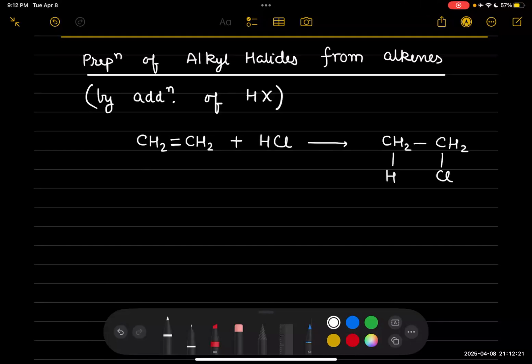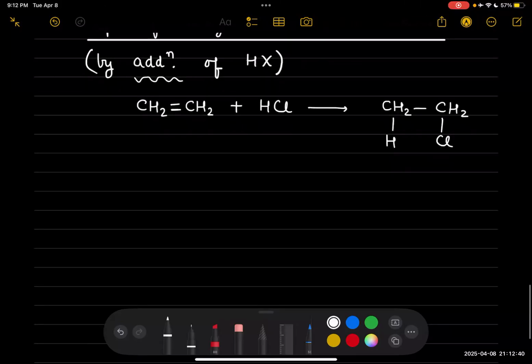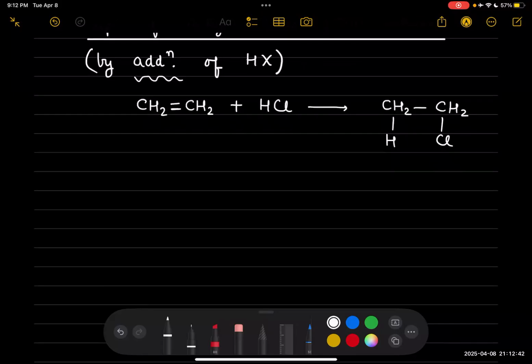This reaction is known as addition of HX. Markovnikov, yeah, we are coming to that. Addition of HBr, you are going to get bromoethane. If it is unsymmetrical, then you need to bother.